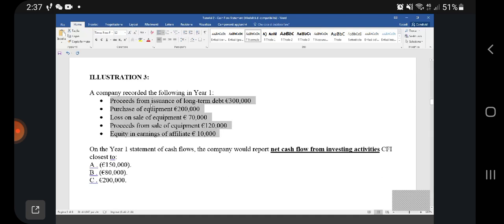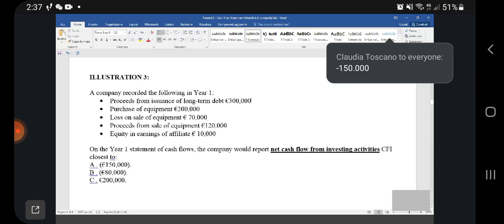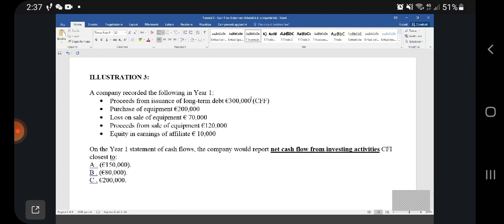Proceeds from issuance of long-term debt. That has nothing to do with what we are looking for because it's part of cash flows from financing. So nothing important there. Purchase of equipment. Okay, that's something that I will consider.